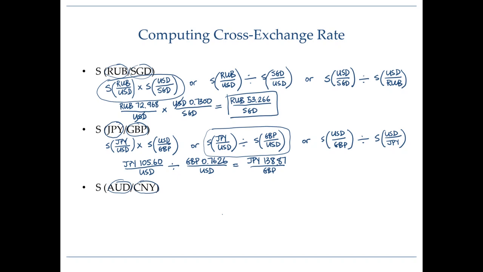The third one we're going to do is the Australian dollar price of the Chinese yuan, also called renminbi. Again, we can use three different methods. We can use the Australian dollar price of US dollar and multiply it by the dollar price of the Chinese yuan, so this is an indirect quote multiplied by a direct quote.